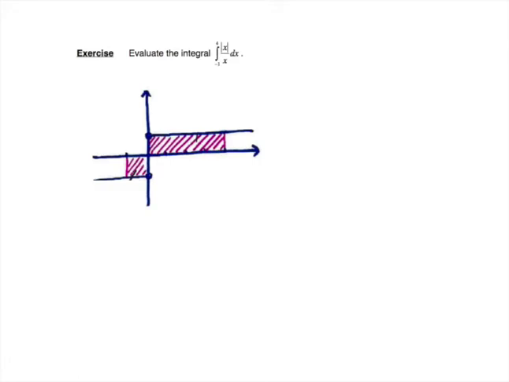Second example, if we graph f(x) = |x|/x, this is what it looks like. And here we have part of our integral that is going to be a negative area, a signed area, so we have to be careful. The area here is 1, because we are going from -1 to 0, and beyond the y-axis we're going from x = 0 to x = 4, so that area is 4.